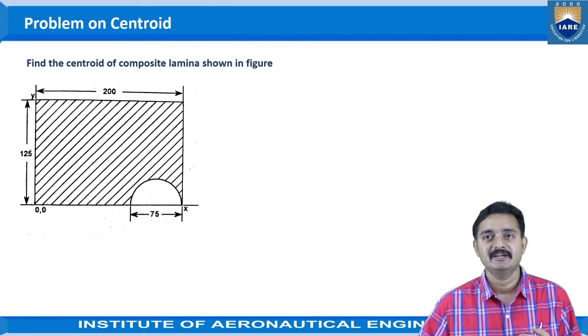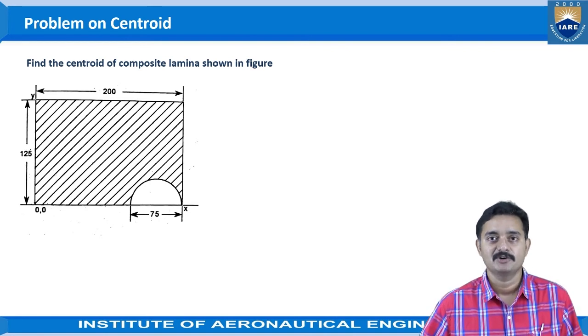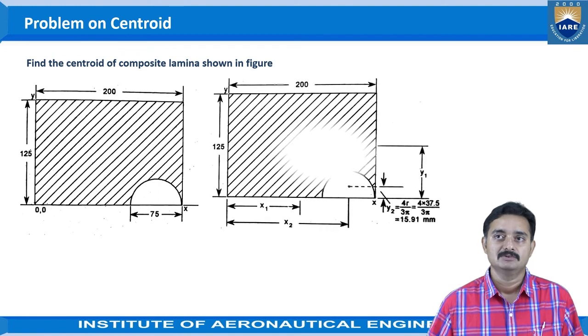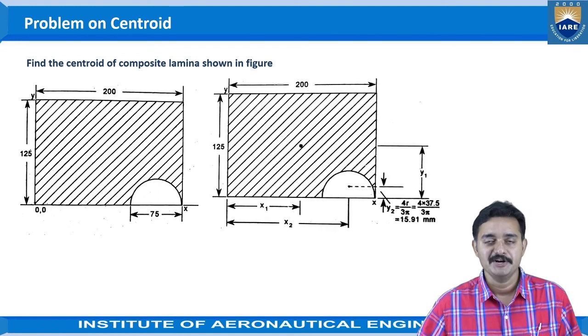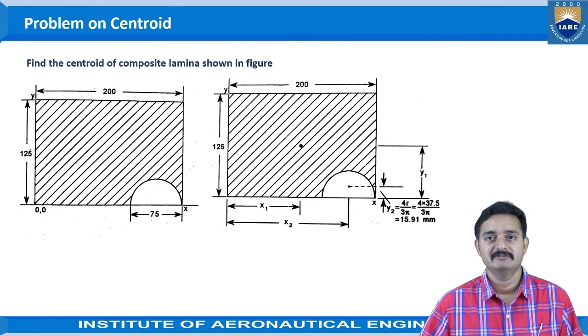First we will be identifying the centroids of individual rectangle and individual semicircle, and then we will be applying the values in the centroid formula. So if we try to identify the centroids of the given section, here the procedure is shown.